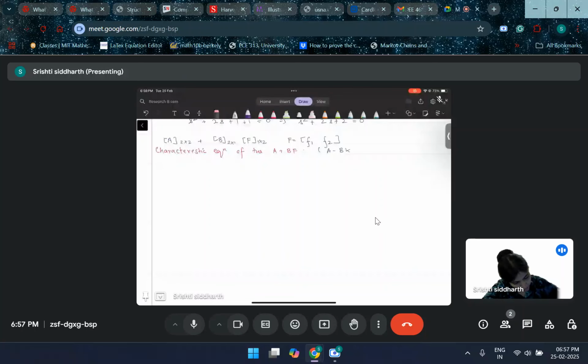Half 1, 1, 2 plus 1, 1 times F1, F2. Alright, so we have the determinant of this, with f2 plus 2 minus s, and these remain the same.